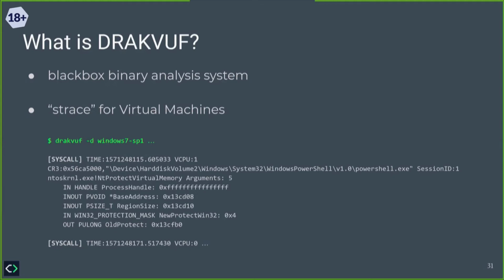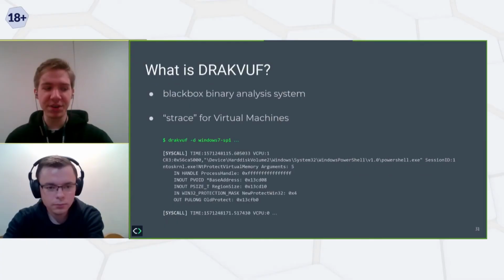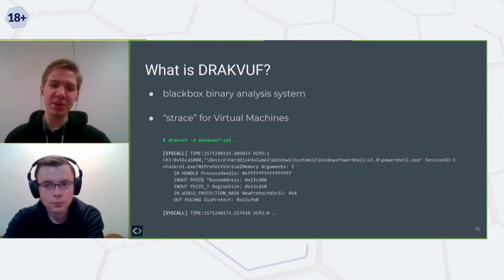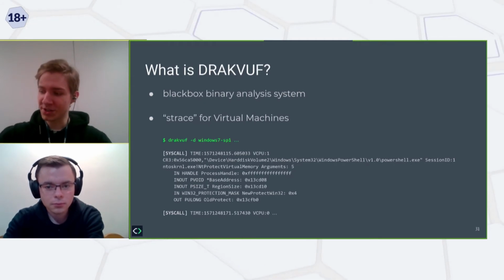This is achieved by pausing the machine and putting breakpoints, actually shadow breakpoints, which the virtual machine is unable to see, interact with, or detect. But for us, this allows us to put callbacks to our host machine anywhere if something interesting happens in the VM.